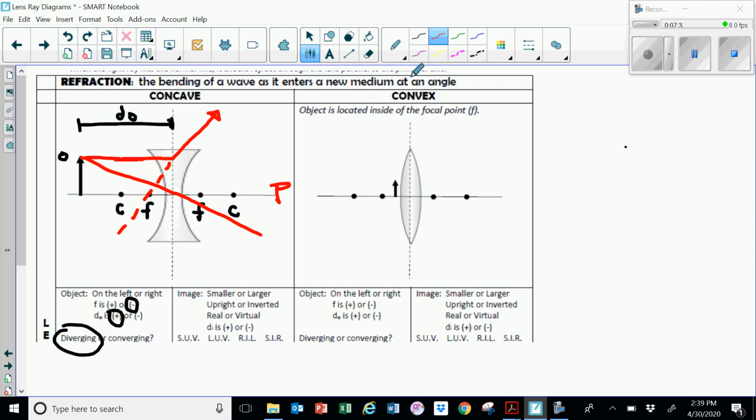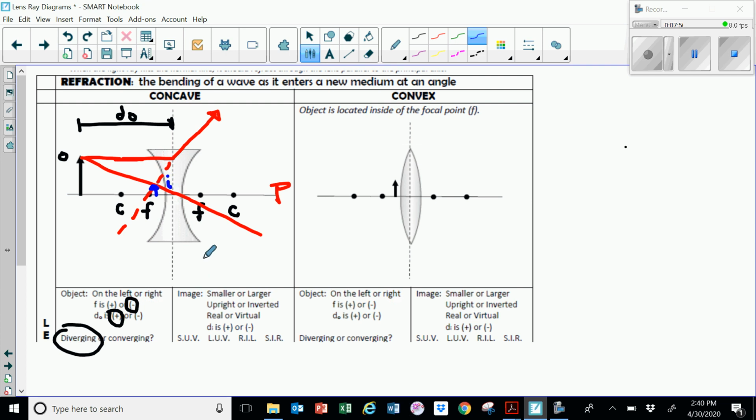Okay, so the image that's created by this lens is going to be where these two lines intersect. It's going to be right here, and this is going to be the image, I. DI is the distance from the image to the vertex, and that's this little distance right here.